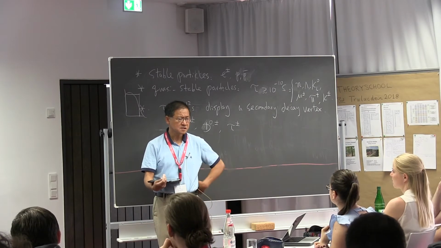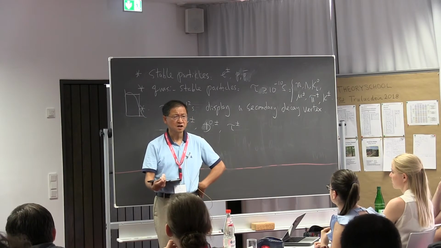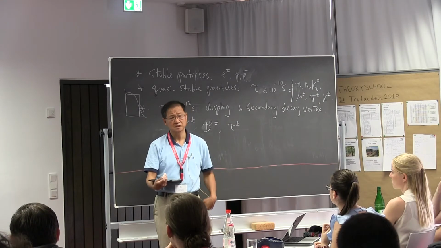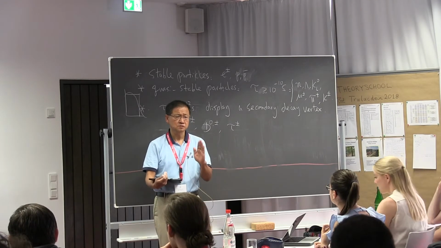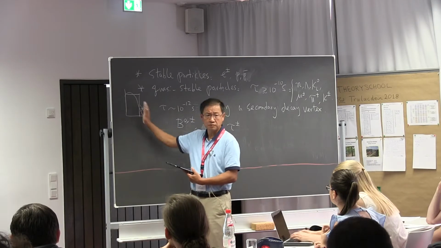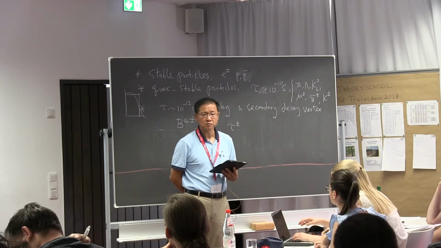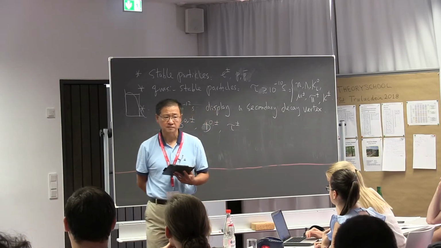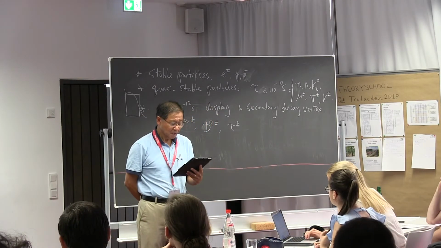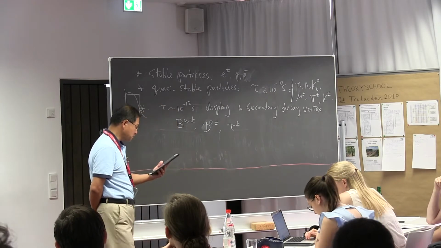So the B tagging efficiency nowadays is almost 70%, and charm is 50%, tau is slightly worse, but depends on your requirements. So that's very important.